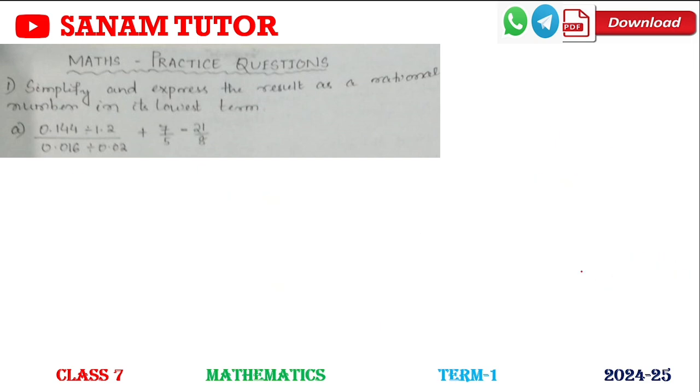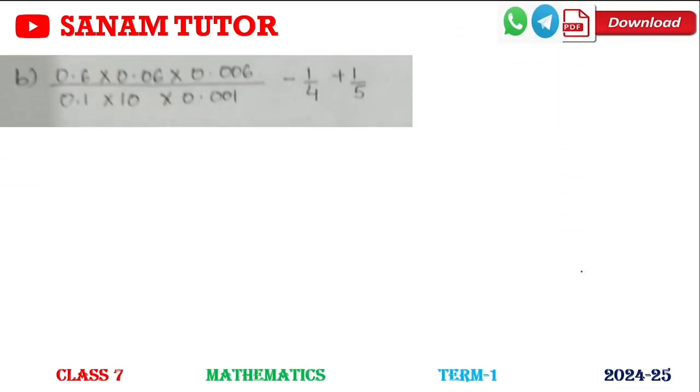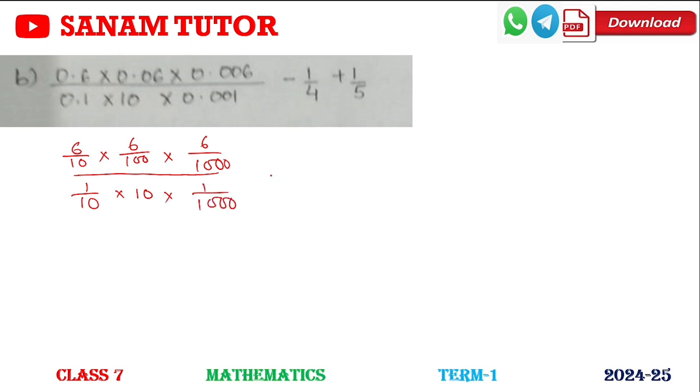Understand? Coming to the next question, that is 0.6. So we can write 6 by 10 into 6 by 100 into 6 by 1000, whole divided by 1 by 10 into 1 by 1000. Any issue? Then minus 1 by 4 plus 1 by 5.